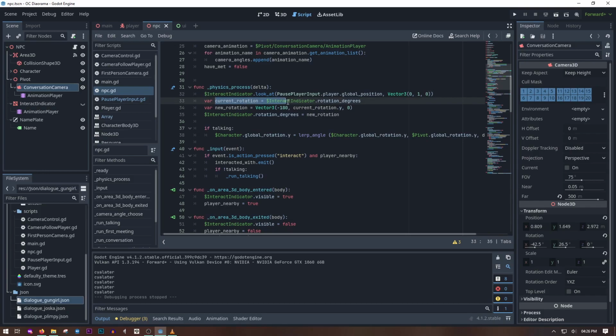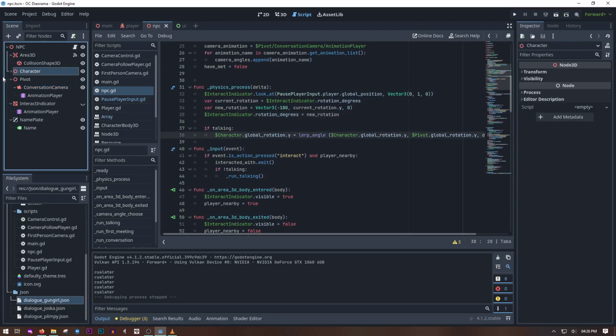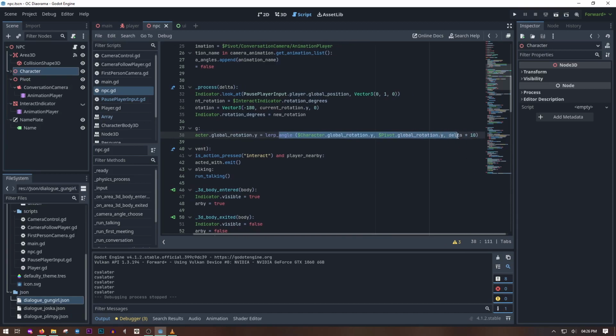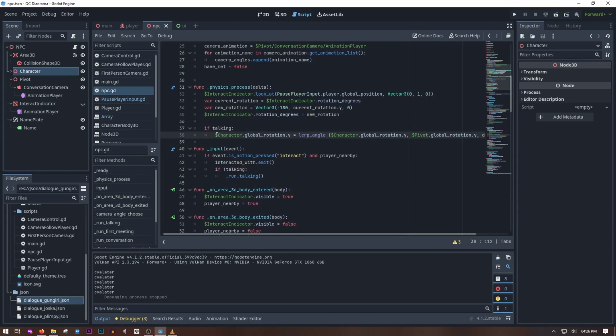current rotation equals interact indicator rotation gives new rotation. Yeah, this is just the interact indicator. If talking, character, so that's this. This is the mesh. Global rotation, Y lerp angle, character, global rotation. So this is the spinny-around thing.